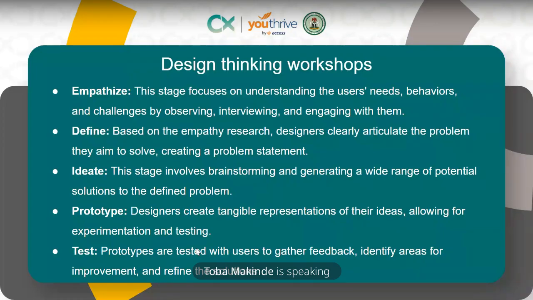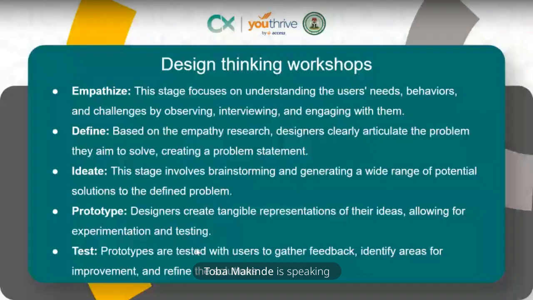Where you're trying to design the experience, or design the solution in a sense. So define: based on empathy research, the designer clearly articulates the problem they aim to solve, creating a problem statement. So you've already done your research, then you collect all of the problems that your users are experiencing.